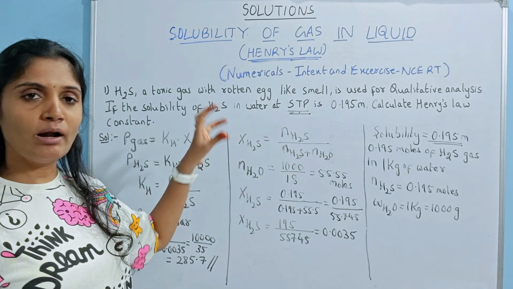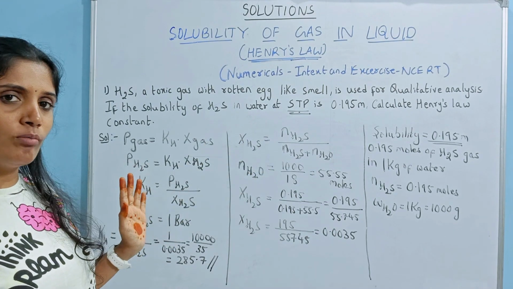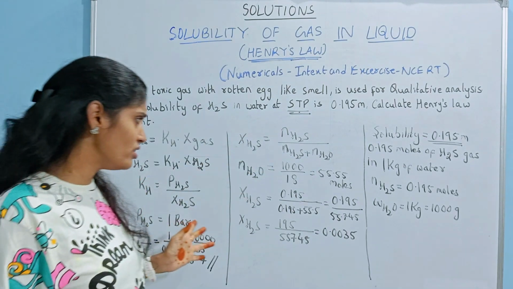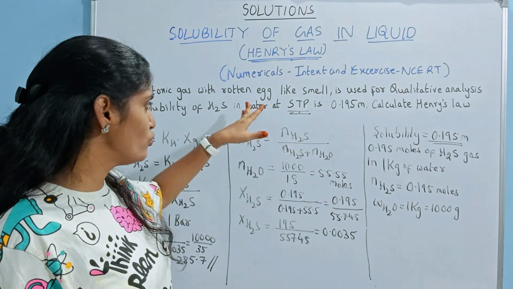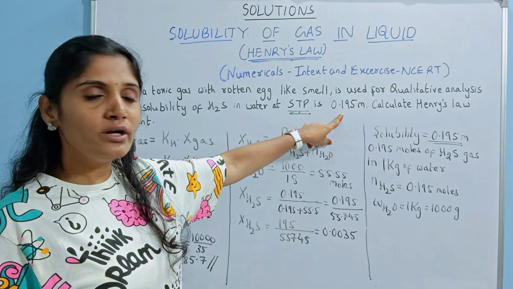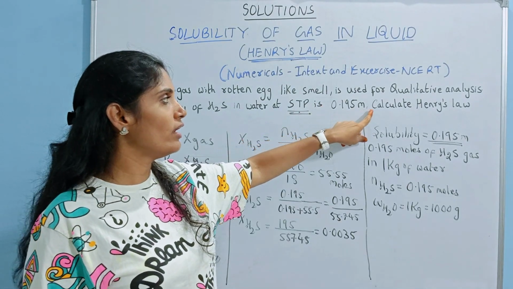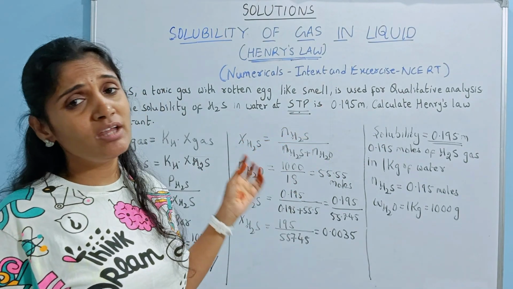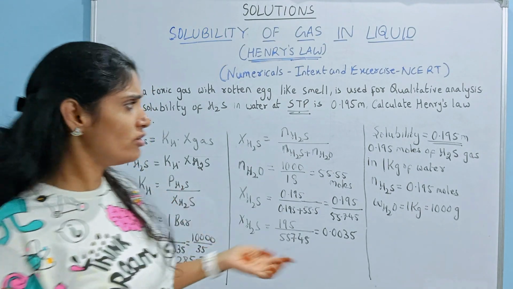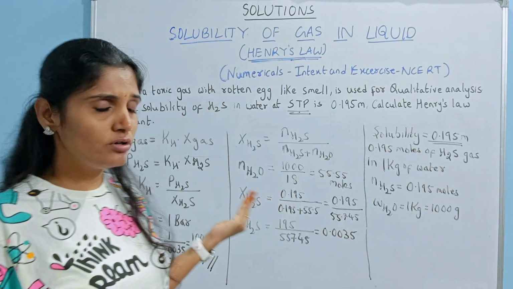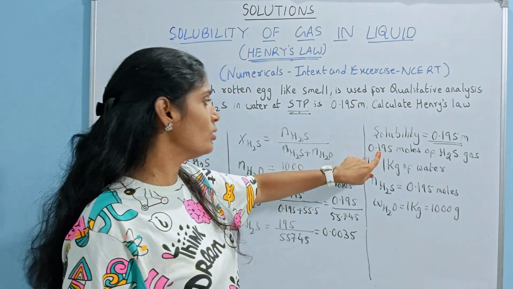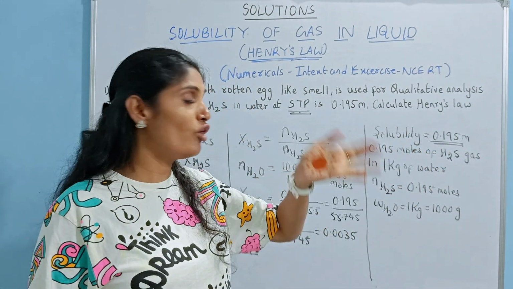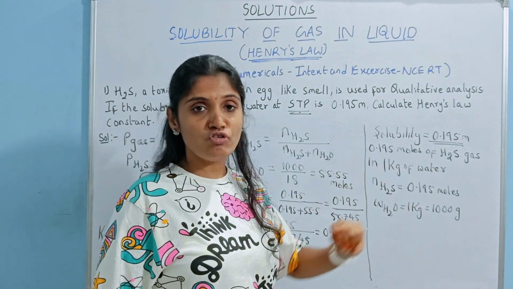I didn't have information to calculate the mole fraction of H2S, so I used the solubility term given, 0.195 molar. It is not always compulsory that he will directly give the mole fraction, so you can convert one concentration term to another. From this I wrote: 0.195 moles of H2S gas in 1 kg of water.